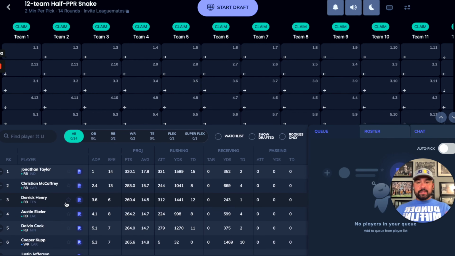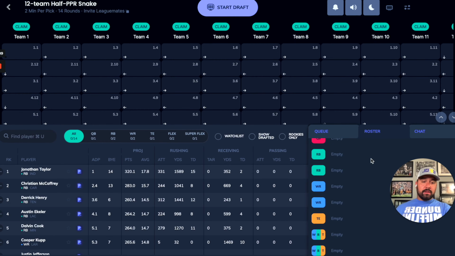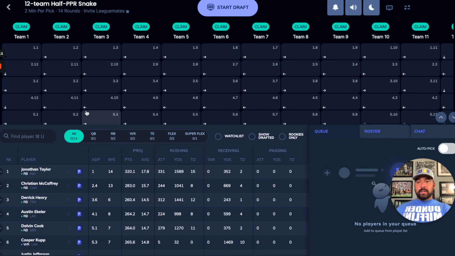And I want you to see what that will look like if the value of players are different because of scoring. Now, roster spots. Why did I do that in here? Because I wanted to show you your roster positions and where you can find those things on the draft board on draft night.